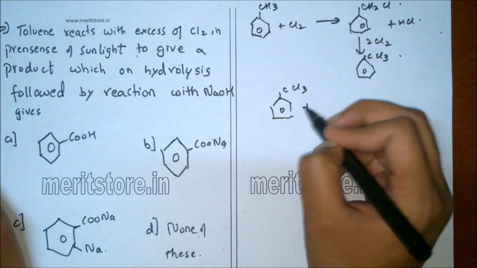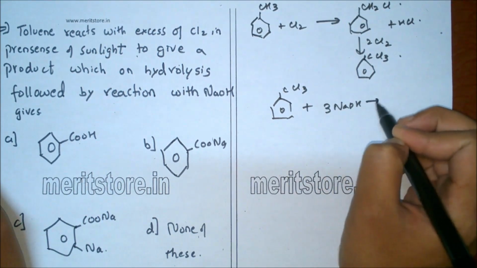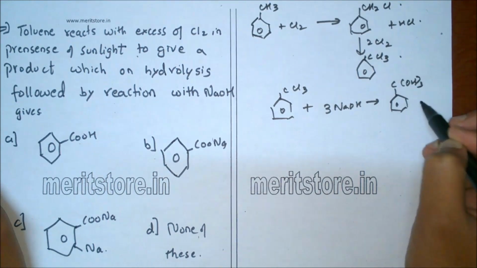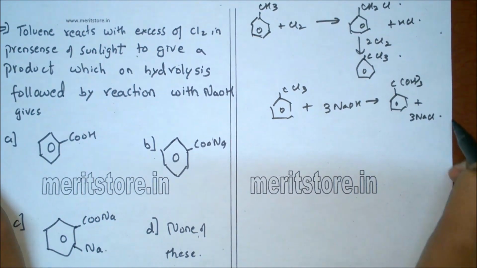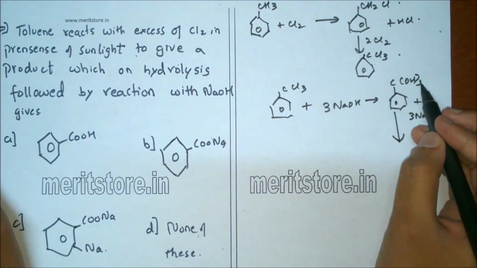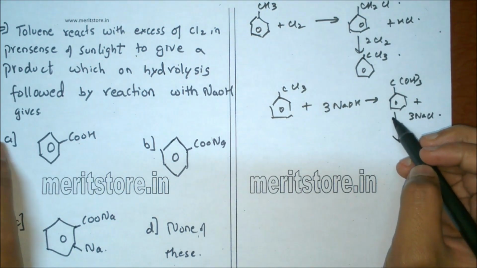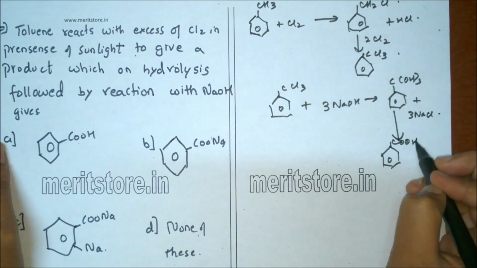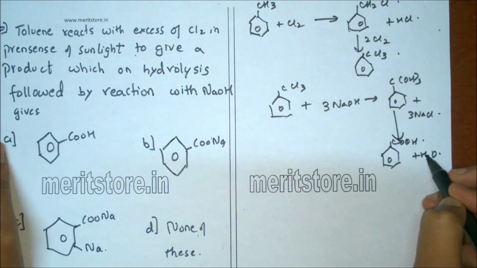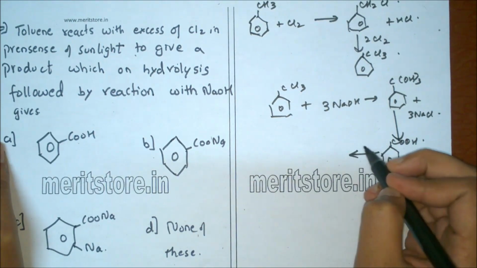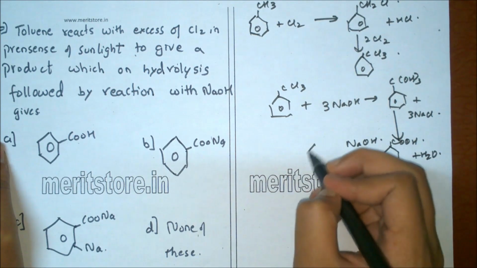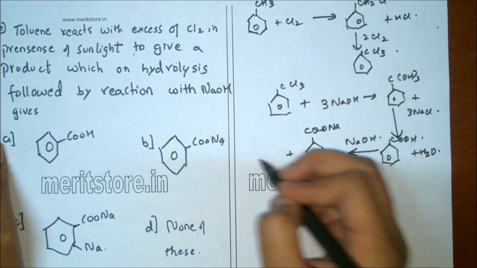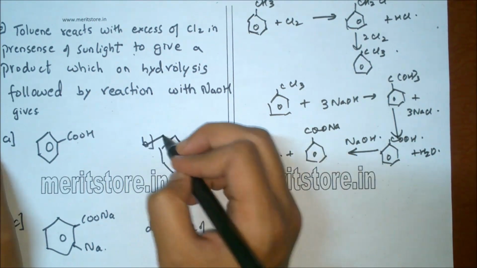CCl3 on reaction with 3 NaOH will give C(OH)3 plus 3 NaCl. C(OH)3 attached to benzene ring will get converted to benzoic acid by dehydration, which on further reaction with NaOH will give COONa plus water. So option B is the correct answer.